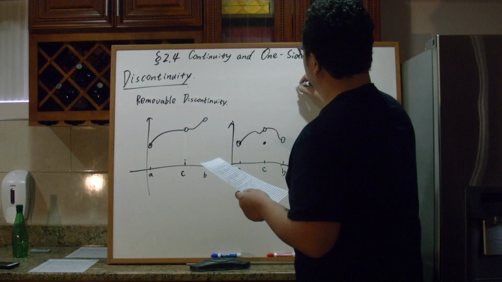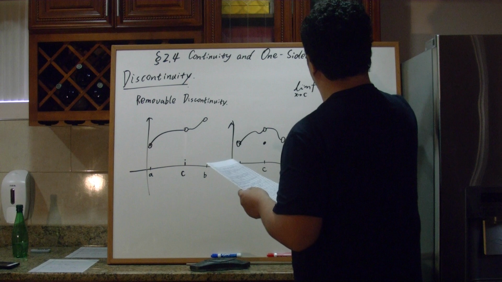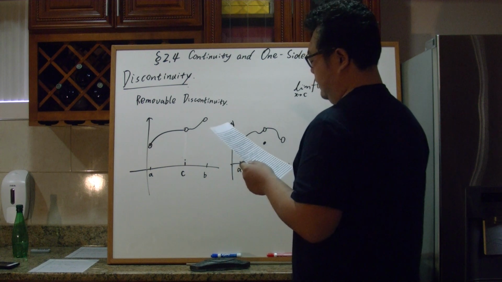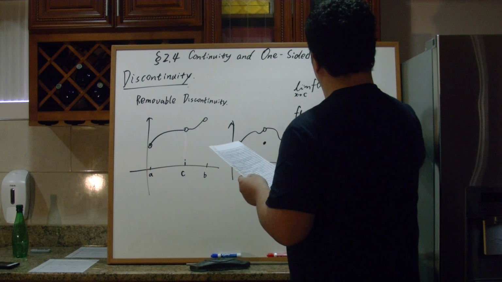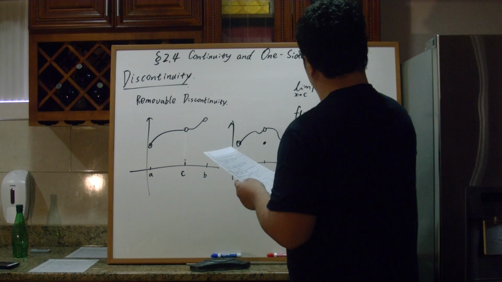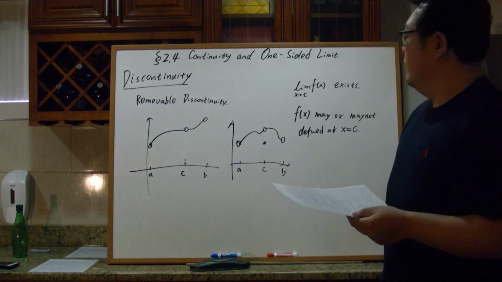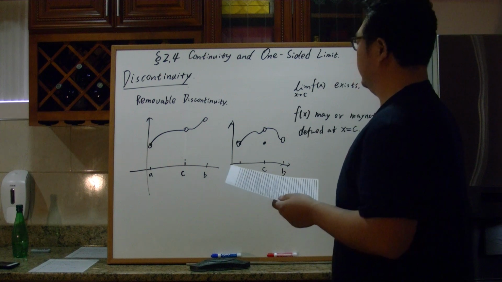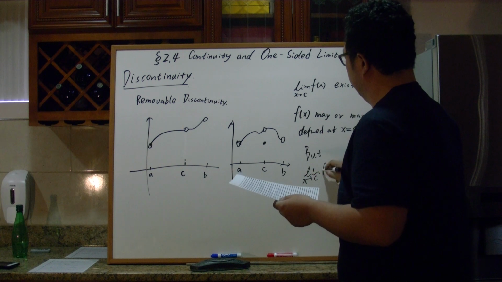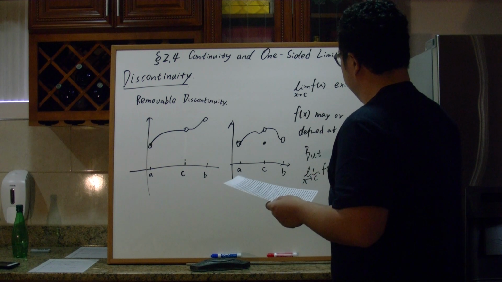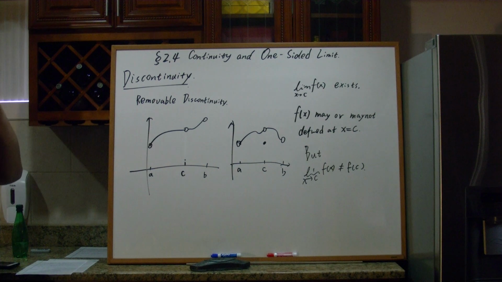So for a removable discontinuity, we have the case that the limit exists. f(x) may or may not be defined at x equals c, but even though it's defined, the limit will not equal f(c).